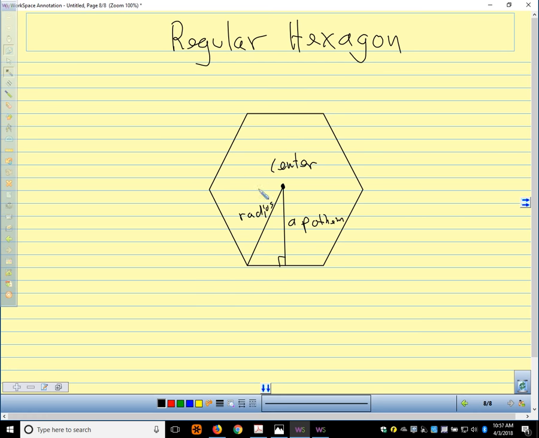The central angle of a hexagon is 360 divided by 6, which is 60. Wait, the full central angle is 60, and we know that the apothem divides it in half. The apothem divides it in half, and that's going to be 30 degrees. And that means that angle is 60 degrees. So we get a 30, 60, 90 triangle inside a regular hexagon.